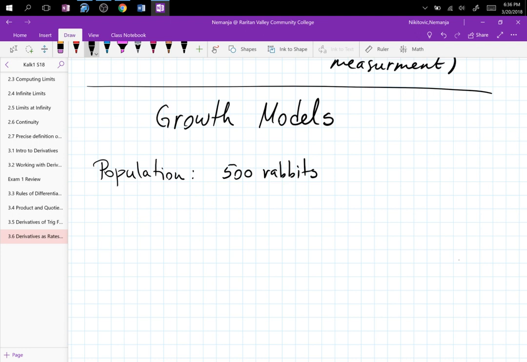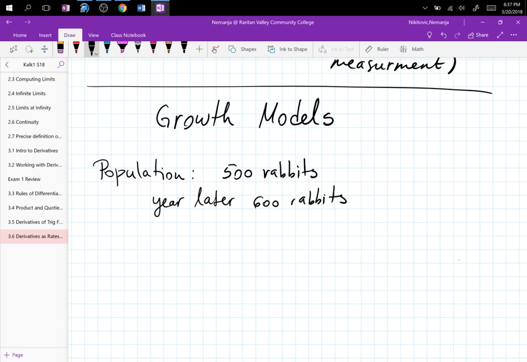And let's say we count, after a year, 600 rabbits. So, a year later, I really don't know what the dynamic of rabbit multiplication is, but we're just doing this for the sake of the problem. Because I want to see what I can calculate once I have the functions and everything else.